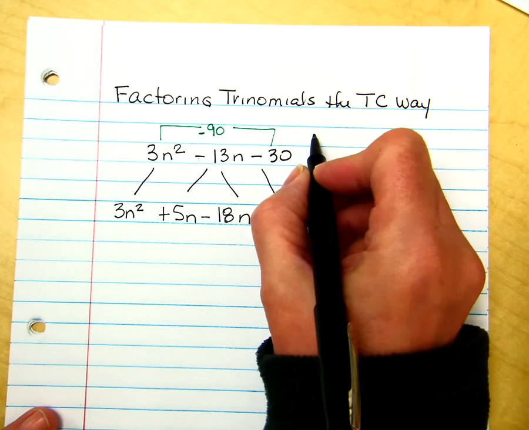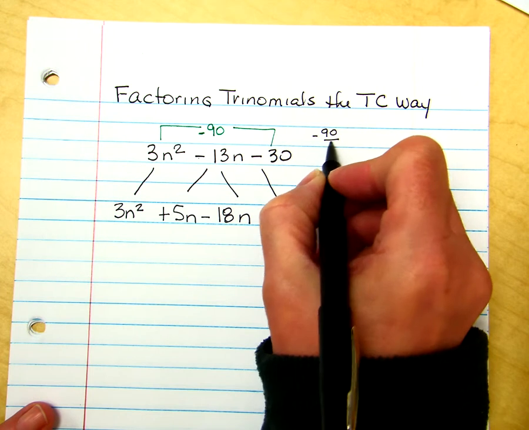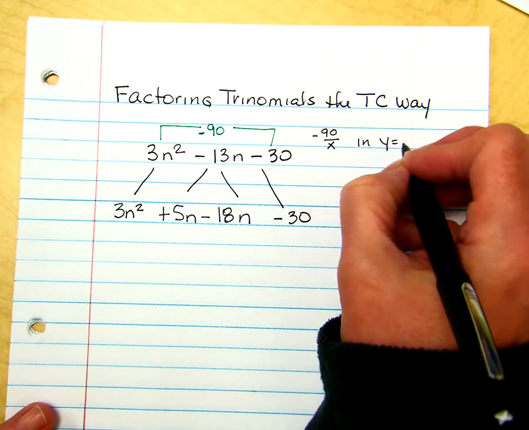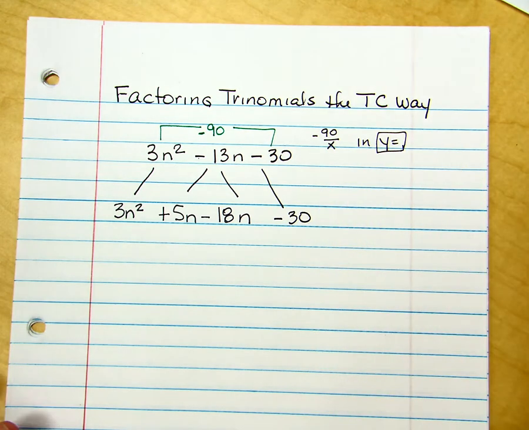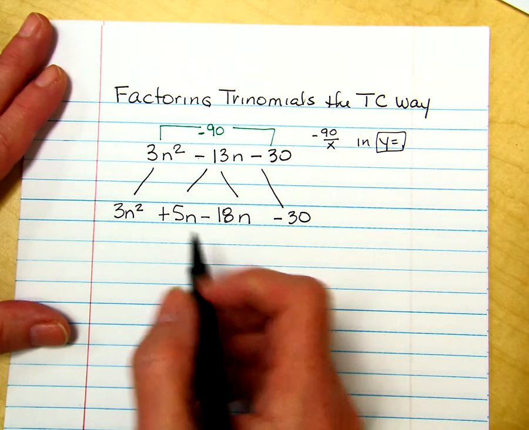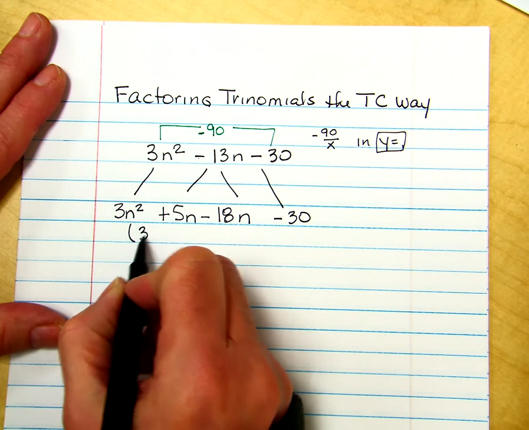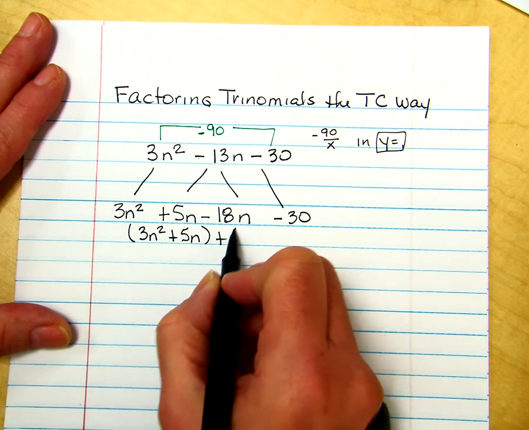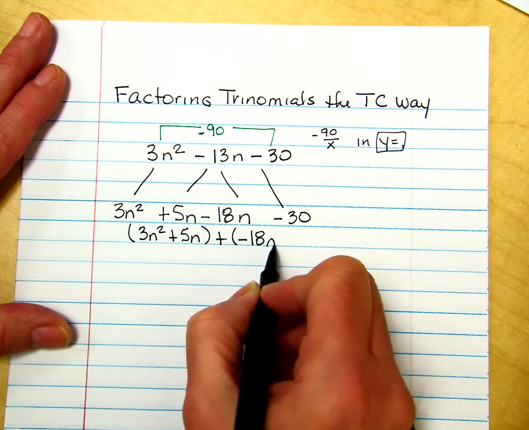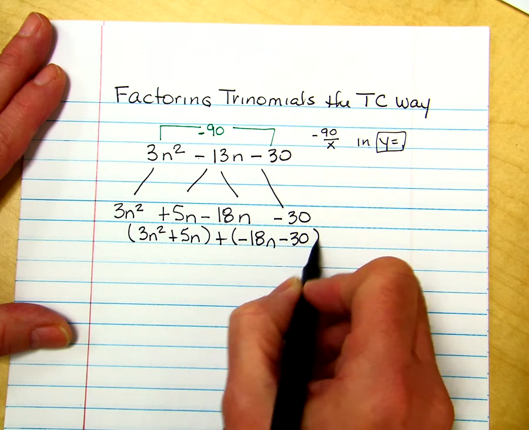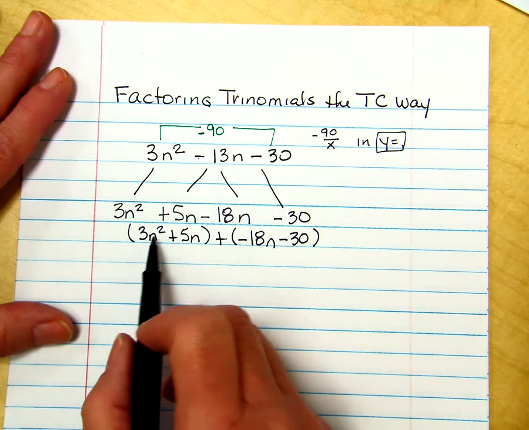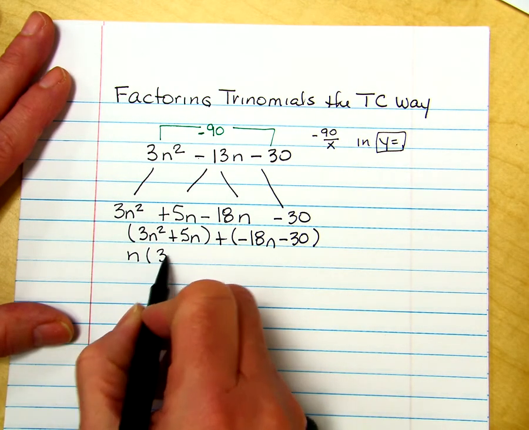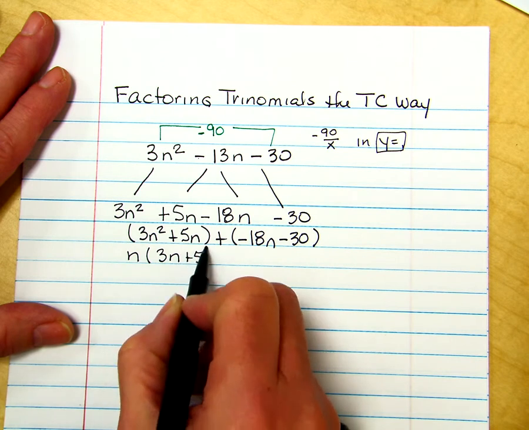So for this we can take negative 90, put it over x, and put that into y equals to help us get those factors. Now we're going to factor by grouping. We'll take 3n squared plus 5n plus negative 18n minus 30. 3n squared and 5n have an n in common, leaving 3n plus 5.